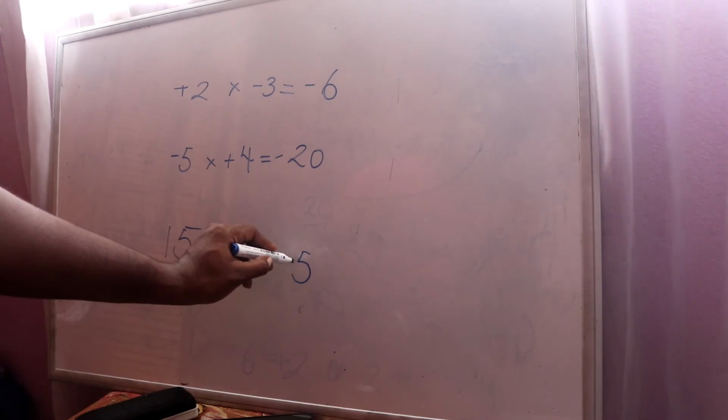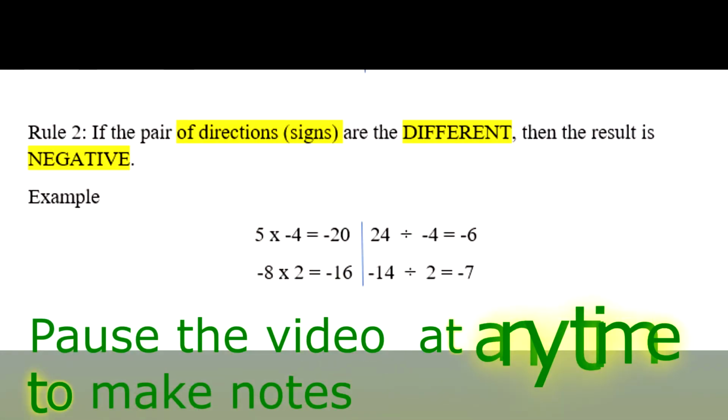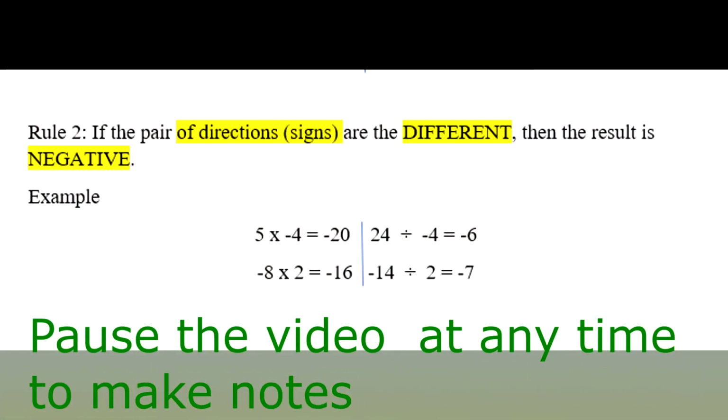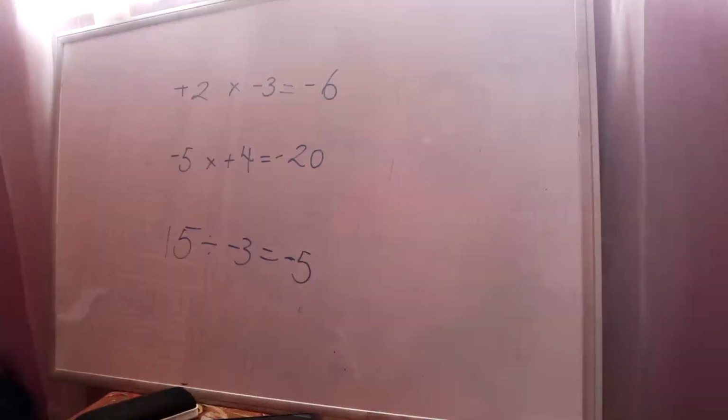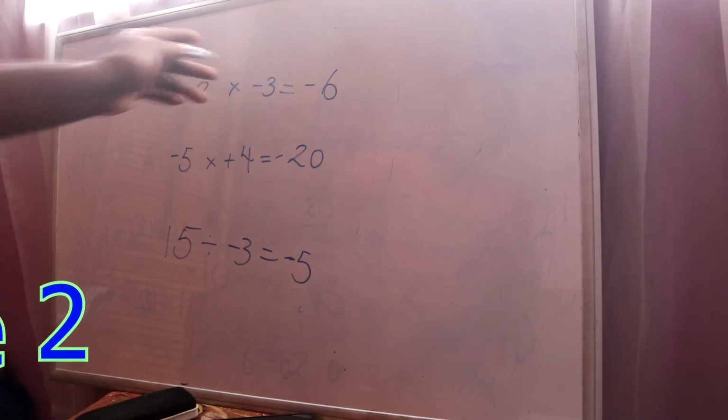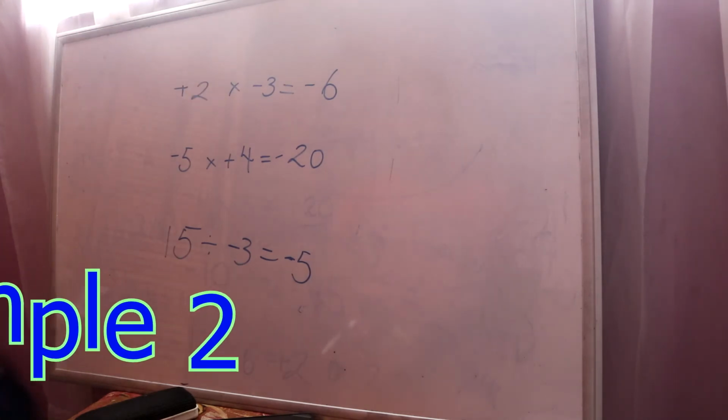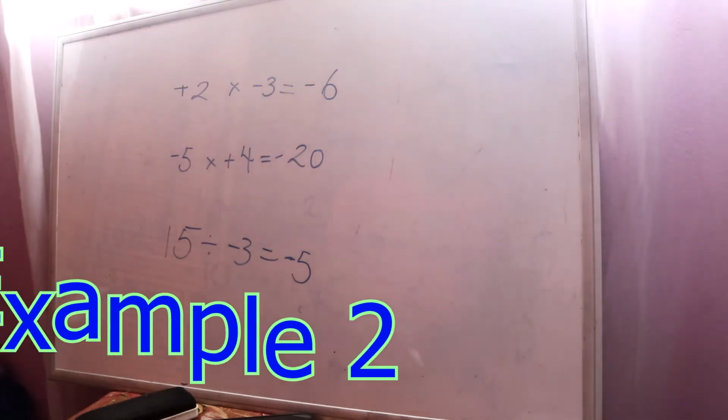So rule number 2 is that if the pair of signs are different, then the result is negative. So here we have a positive and a negative, two different signs, so our answer is negative.